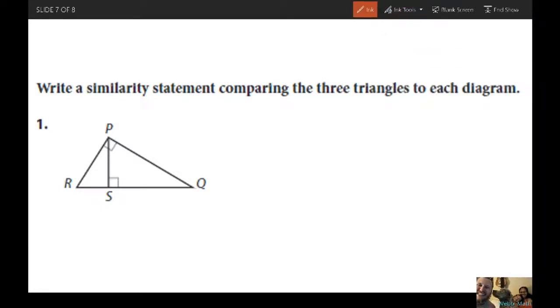So we have the big triangle, okay, we have PQR, and that should be similar to our other triangle, PRS, and that should be similar to PQS.